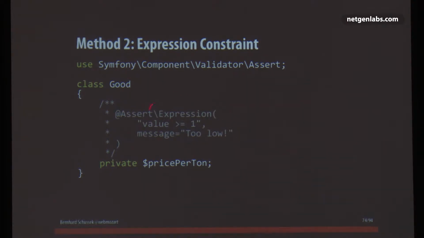With the expression constraint, you can do a lot of stuff, because you cannot just access the value of the field that is validated, but you can also access the object that is validated through the variable this. So if you want to compare two different fields, you can say this.pricePerTon bigger than this.pricePerKilogram, anything. I will show you later on how that works in practice.